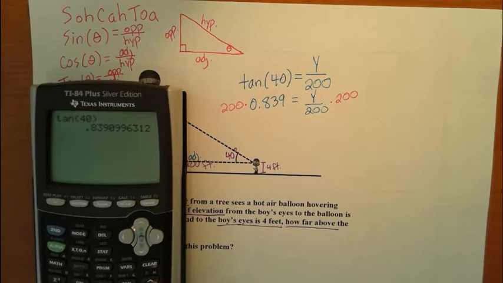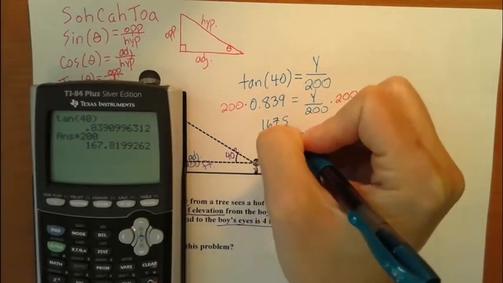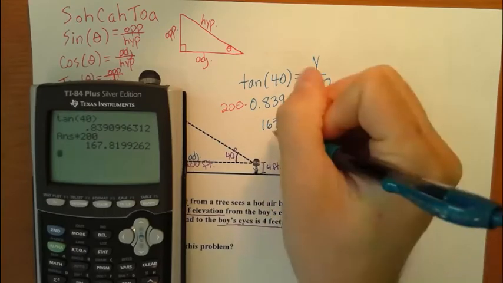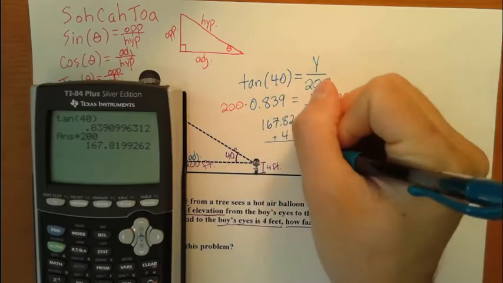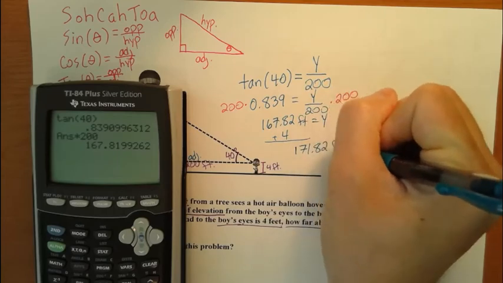So we could multiply that answer, 0.839, by 200, and our approximate answer would be that 167.82 feet would be our y value. And then you add 4 to it for the boy, and that would be 171.82 feet above the ground. And that would answer the question that we've been asked here.